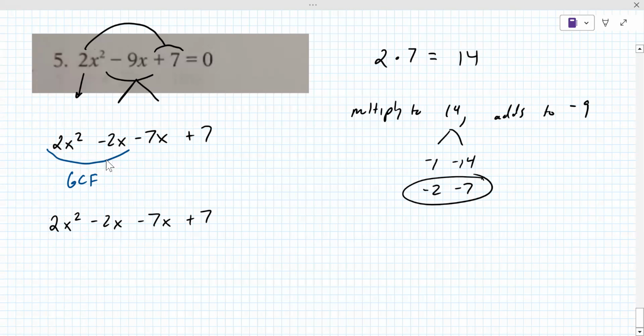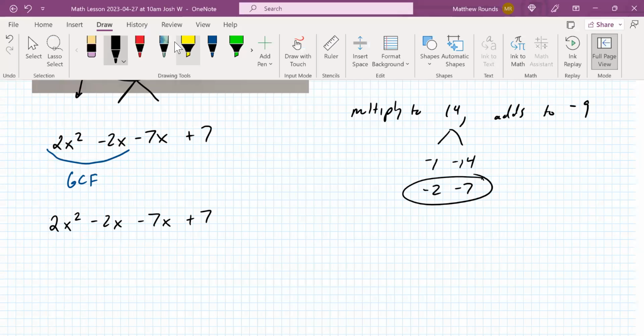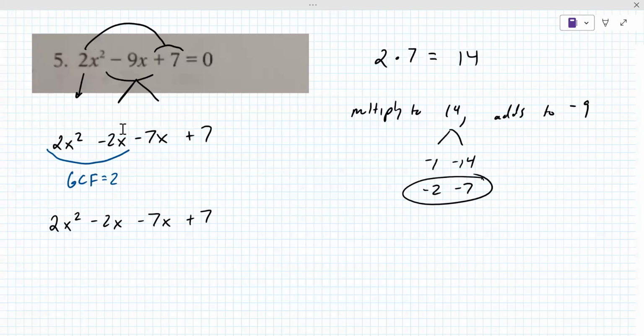Start with the numbers. What's the largest number that goes into both 2 and 2? 2. Okay, so the GCF is 2, followed by, what's the smaller exponent between x squared and x? X. Okay, so there's your GCF.